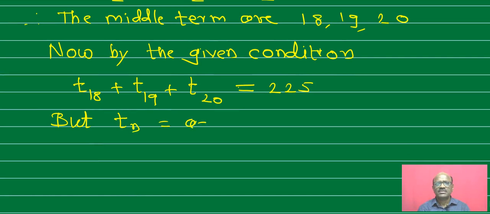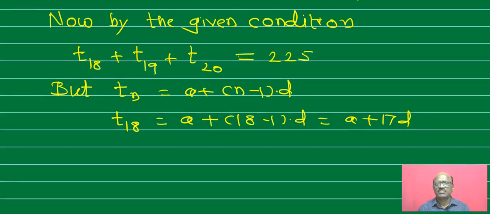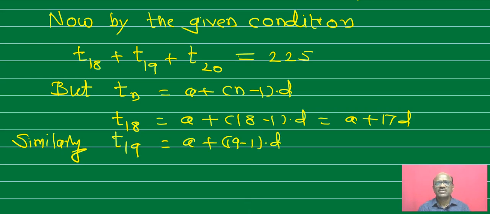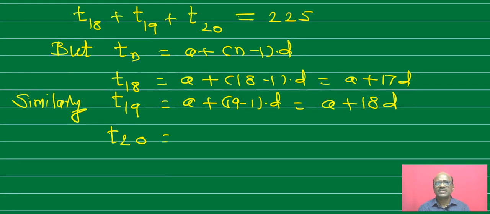But Tn is equal to a plus (n minus 1) into d, so T18 is a plus 17d. Similarly, T19 is a plus 18d, and T20 is a plus 19d.